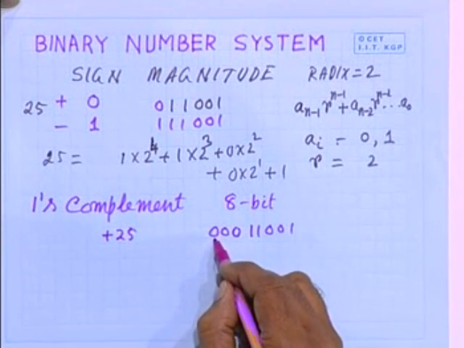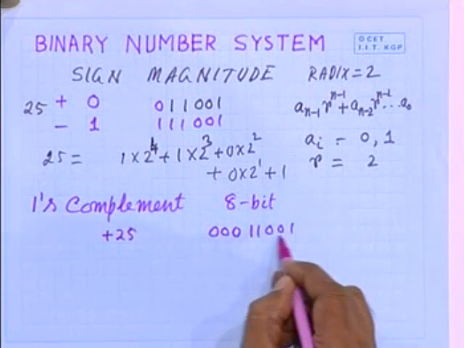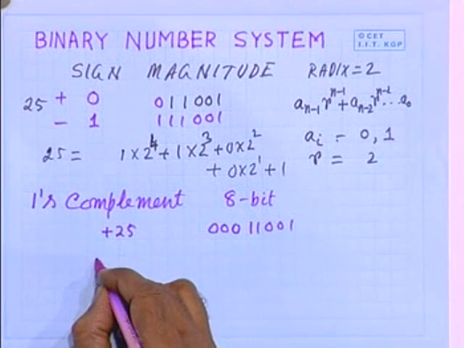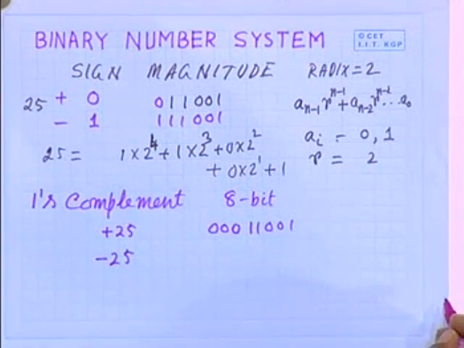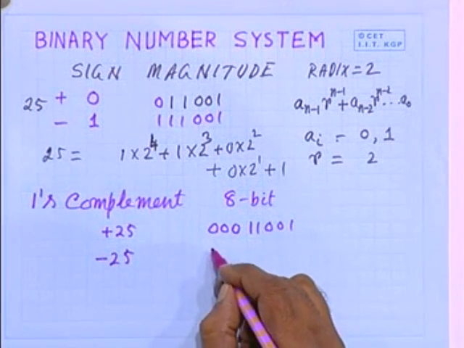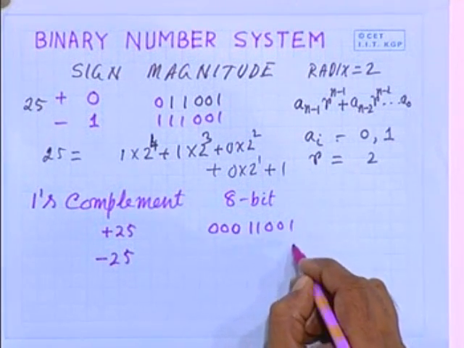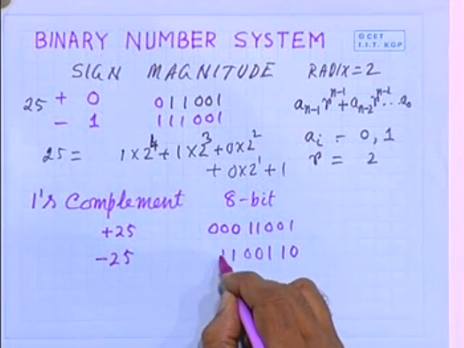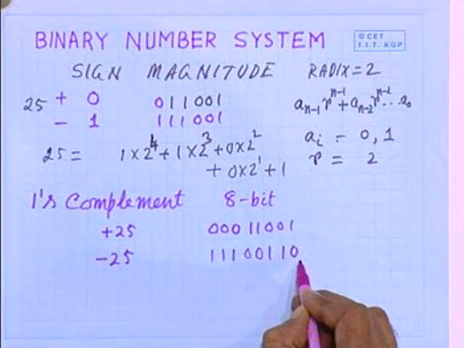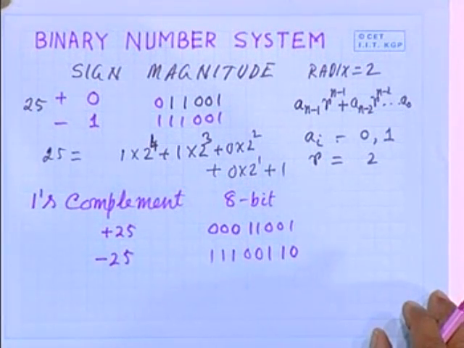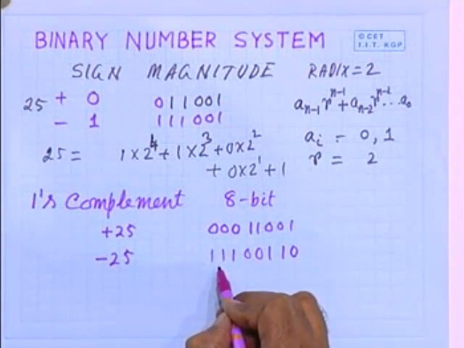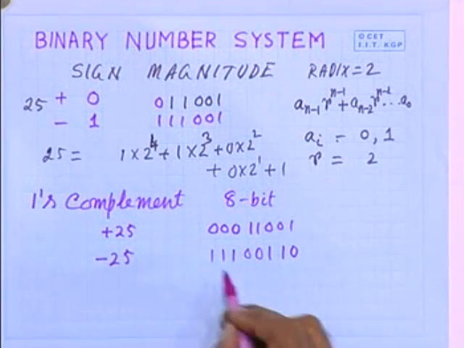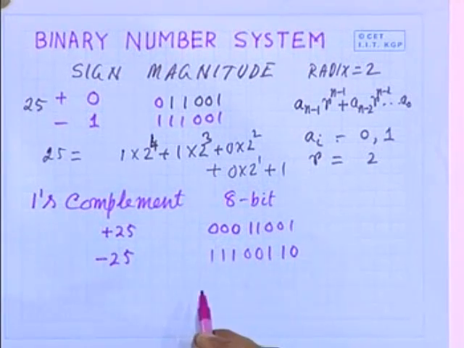Here this is the sign bit, and these are the magnitude of that integer number. How do you represent minus 25 in ones complement form? It is simply bit by bit complementation of each bit. We get 1 1 1 0 0 1 1 0, and this is the minus 25 in 1's complement form. And here we see that sign for positive is 0, sign for negative is 1. That is being retained, and we get this representation.